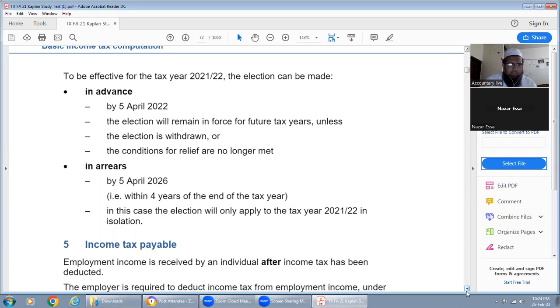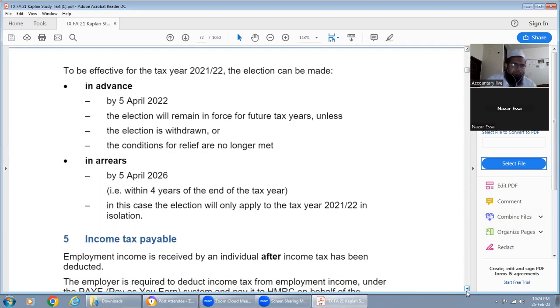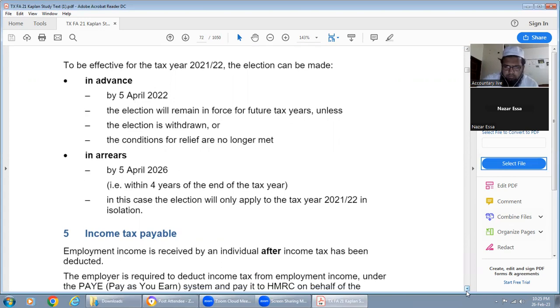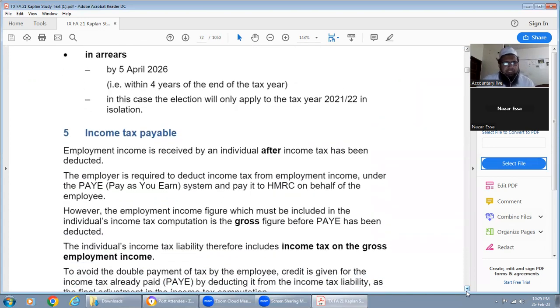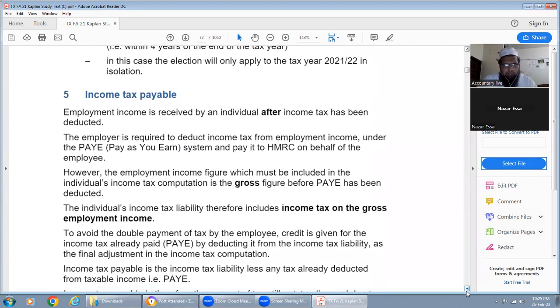In this case, the election only applies to tax year 21-22 in isolation. Marriage allowance is clear.